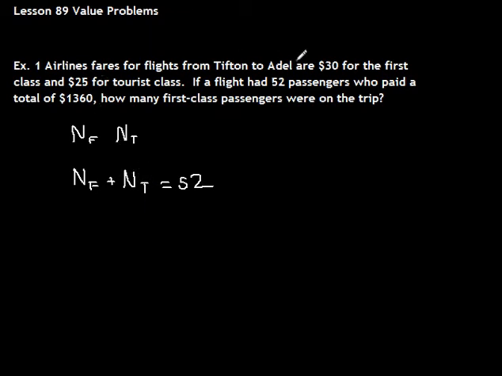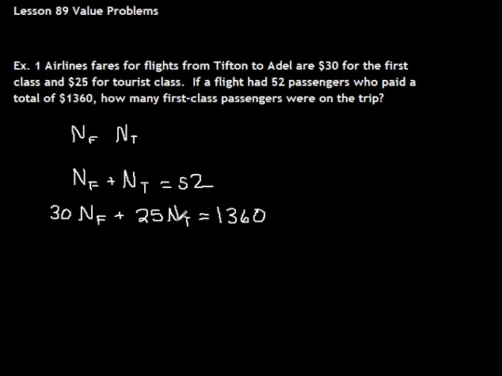So first class tickets are $30. So 30 times the number of first class passengers plus 25 times the number of tourist tickets. The total amount of money is $1,360. So if you take the number of first class tickets, say you have two of those, and they're times $30, that would be $60.